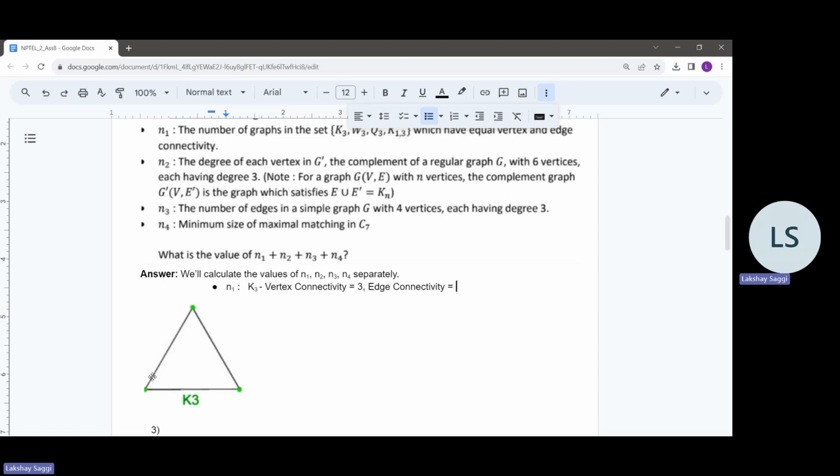Just remove this left side edge of the triangle, and the graph remains connected via the other edges. So we need to remove another edge. We need to remove two edges to make the graph disconnected, right? The left one and this right one. After deleting these two edges, the graph becomes disconnected.